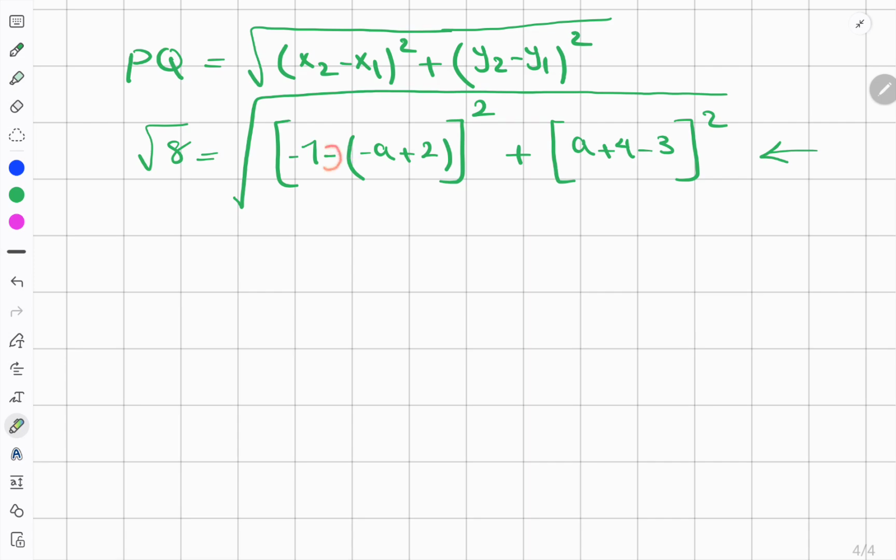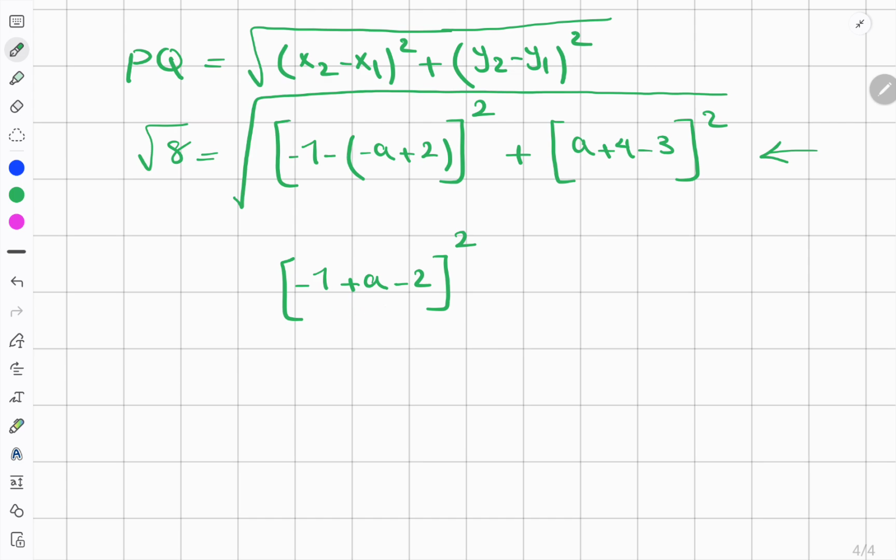We have a negative sign here, and according to the distributive law, you should distribute this negative sign and multiply by all terms inside the parentheses. So negative 1, negative times negative A is positive A, and negative times positive 2 is negative 2, squared.